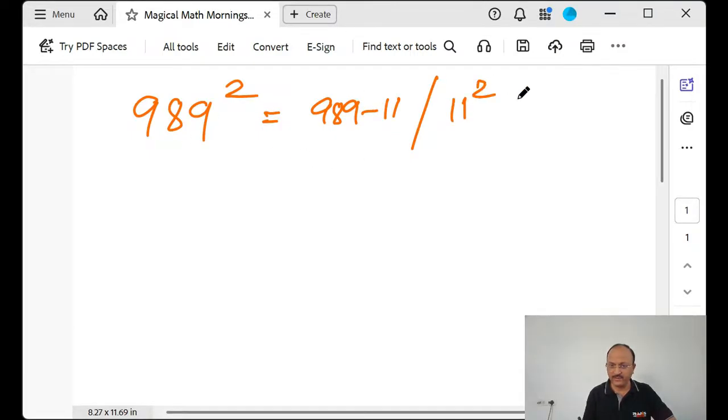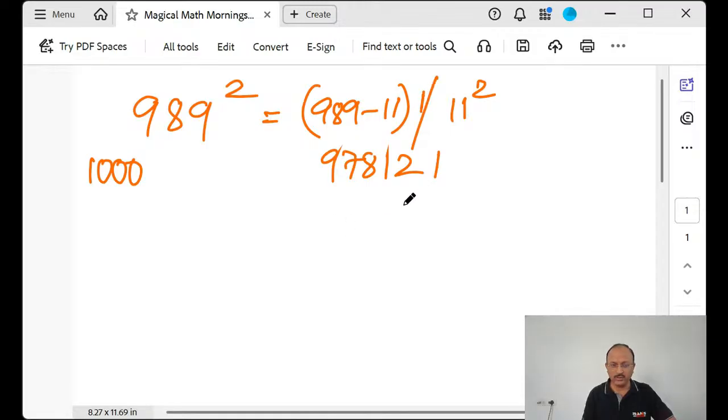Therefore 11 square we do. Correct? Because the base we are taking is 1000, multiplying with 1, we need not do. There are 3 zeros, therefore 11 square I will take as 121. And it is 978. 121 is the answer. Very good. Correct?